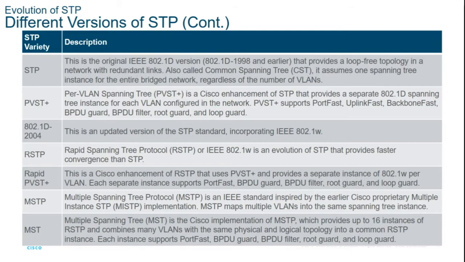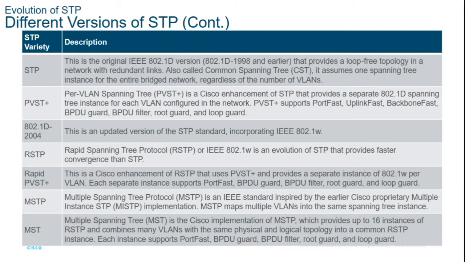802.1D-2004 is an updated version of the STP standard incorporating the IEEE 802.1w standard. RSTP or Rapid Spanning Tree Protocol or IEEE 802.1w is an evolution of STP that provides faster convergence than the original STP.